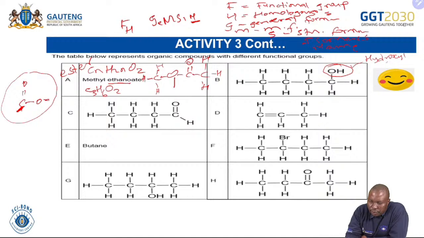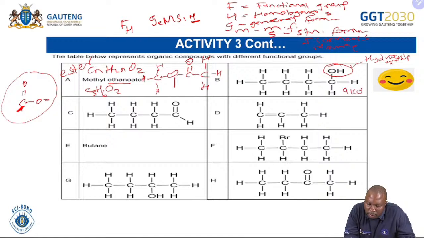You must know the name of the functional group. Number 2, the homologous series. This homologous series is an alcohol because of the OH hydroxyl group.